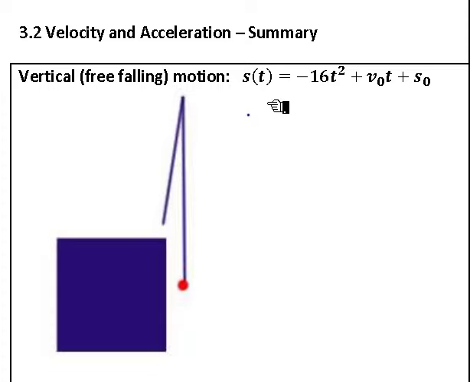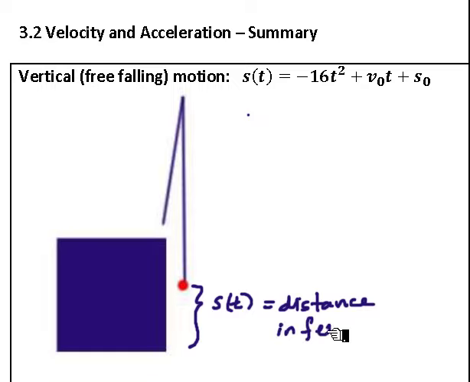So the distance of the ball from the ground, which is represented by this function, s of t, is this distance in feet. It is given by a function of this form, where t is seconds. So the units are seconds and feet.